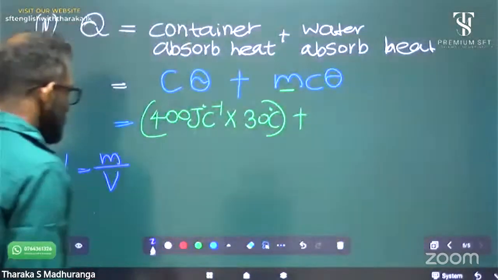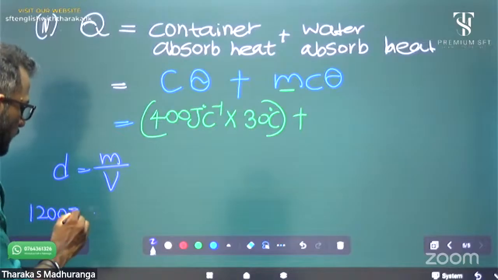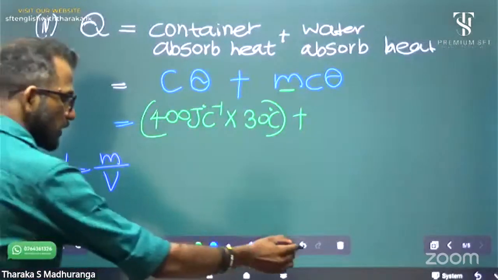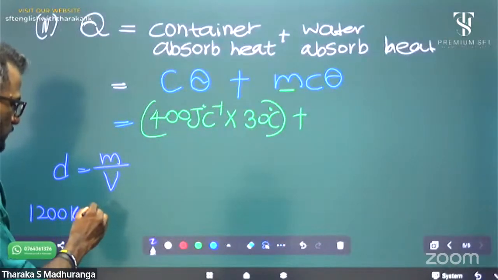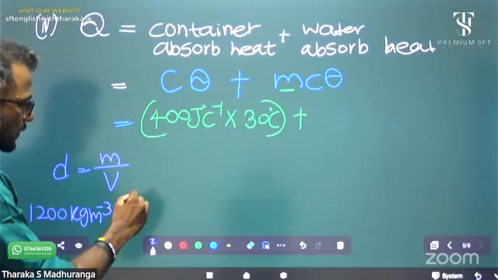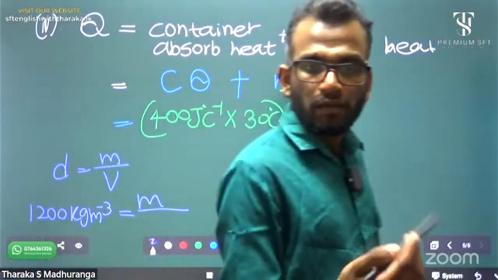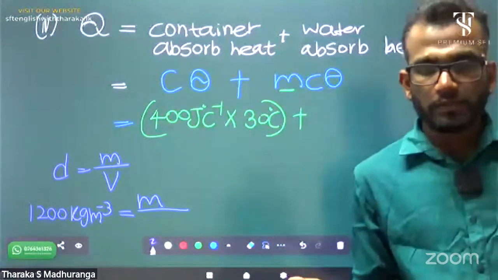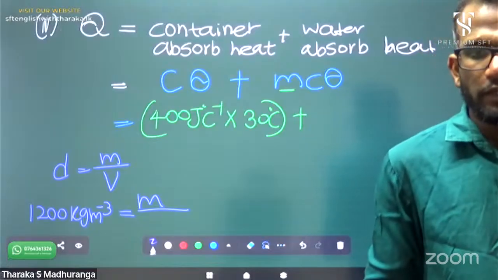The density is given as 1200 kg m minus 3, equals m over volume. What's the volume of liquid?